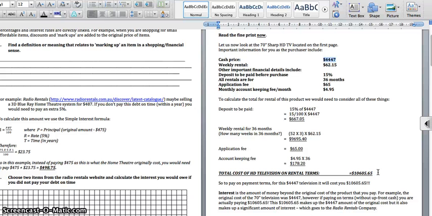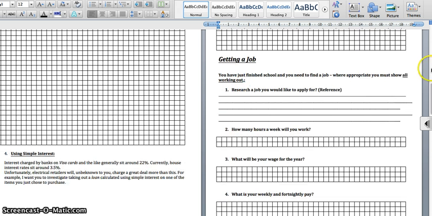For an item that's costing $4,447, you'll be charged $10,605. Now, it looks terrific when it's just saying so many dollars a day or so many dollars a month, but when you add it all together, it is quite tragic. So your job here will be to choose an item, find out what it costs you, and then from there do the calculations up on this page, all right, which hopefully you've got in front of you.